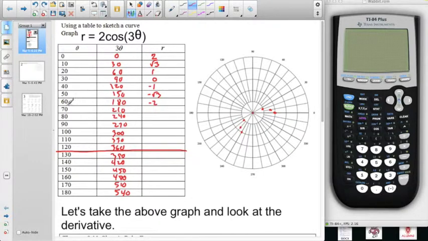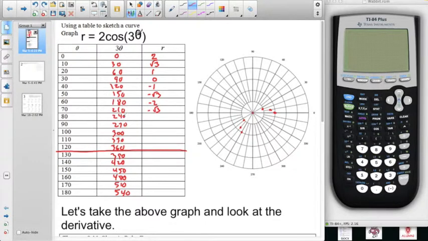Now let's do the next 60 degrees. At 70 degrees, 3 theta is 210, and that's going to be negative square root of 3 over 2 times 2, which is negative square root of 3.